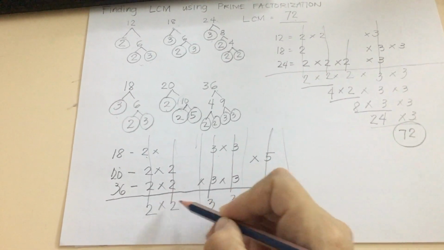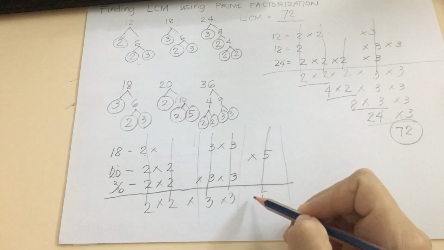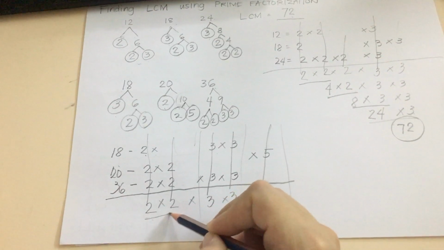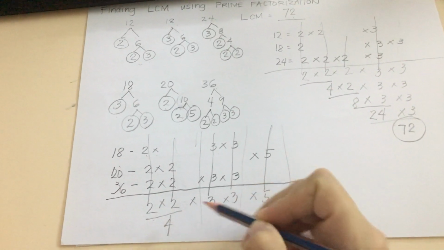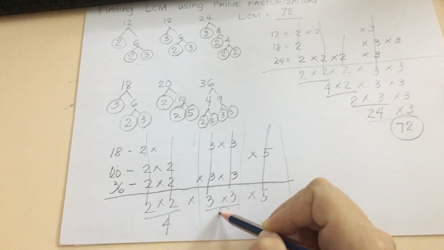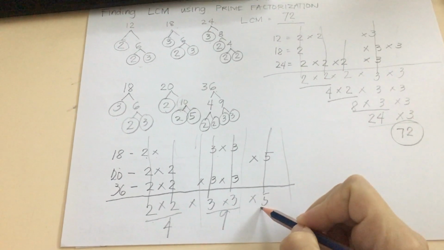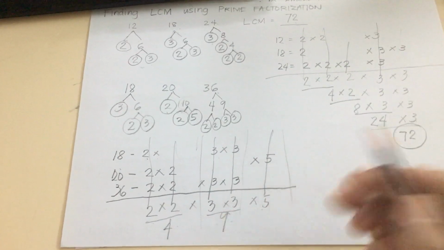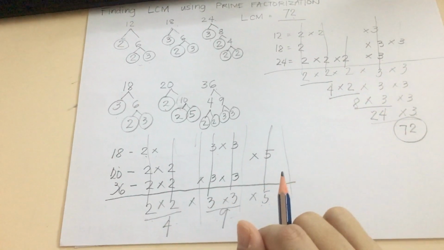Then we put the multiplication sign in between. Then we multiply. Starting with 2 times 2, it will be 4. Or you can do 3 times 3, then it will be 9. Then we have here the 5. So you can do 9 times 5, or you can do 4 times 9. It's up to you which one you want to do first.